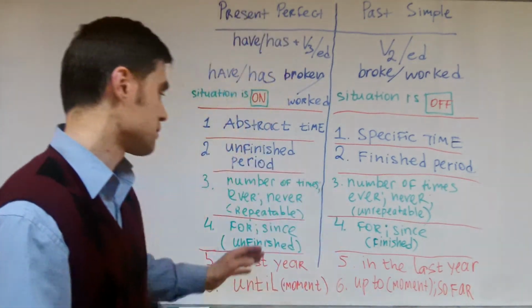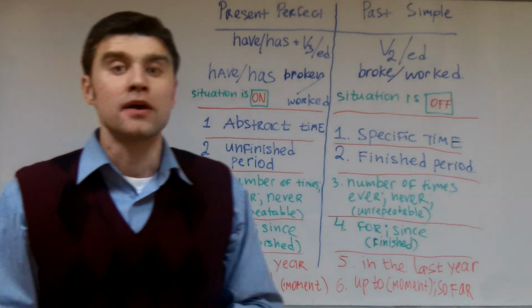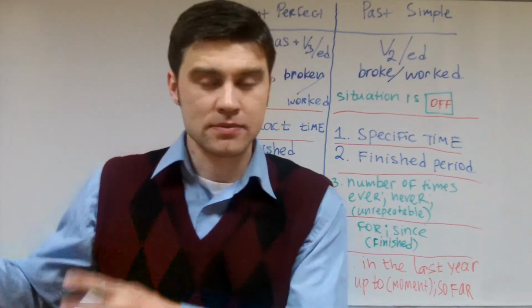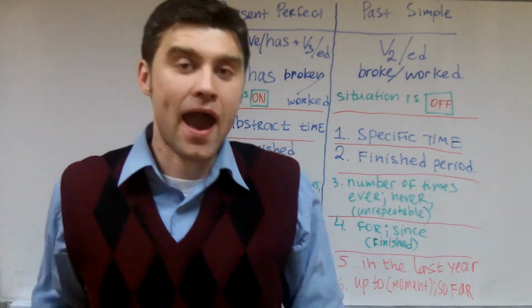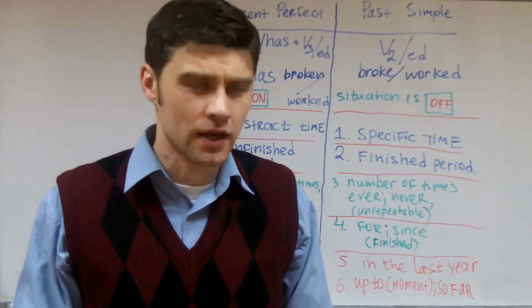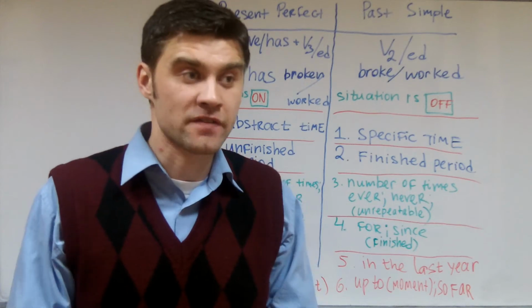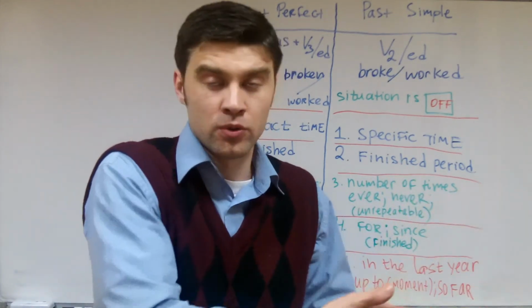Until now. Now, present perfect is used with up to now, or so far. If you began trusting this person some time ago, and you still continue to trust him, it's going to be, I have trusted this person so far. See? And it's totally different. It's an indication that you trust this person now, and you're going to trust him in the future.